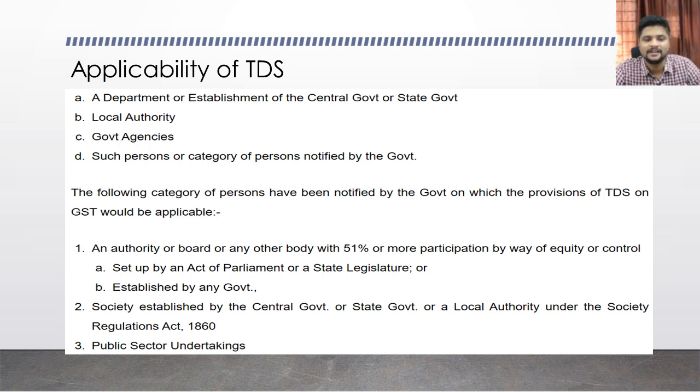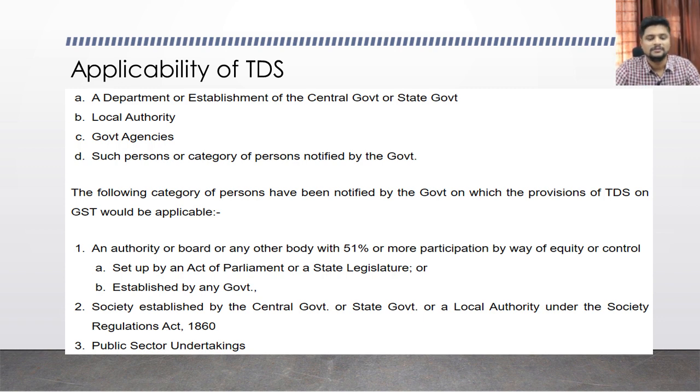One is a government company. Second is if the entity is established by an act of parliament or a state legislature. For example, the CMA entity is established by an act of parliament. So all these are covered under the TDS provisions. Next is any society established by the central government, state government or a local authority under the Society Regulation Act.